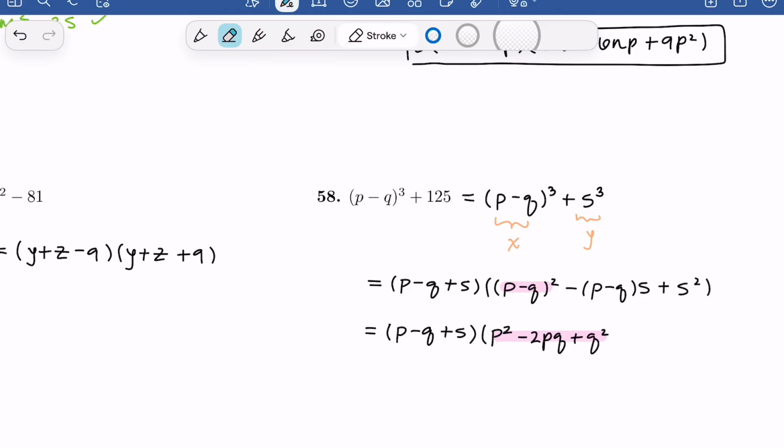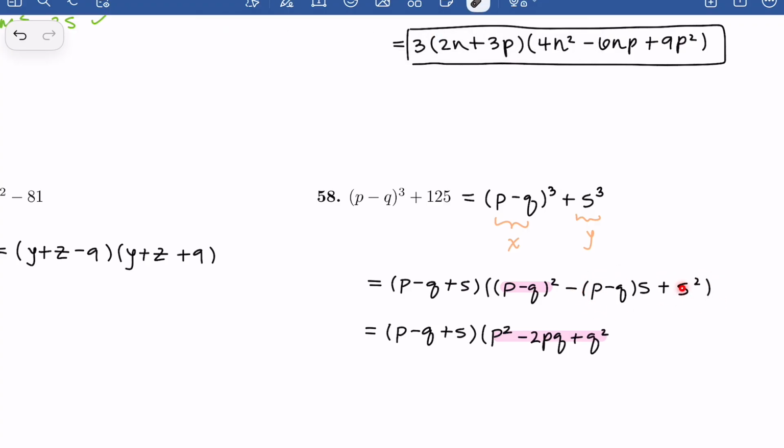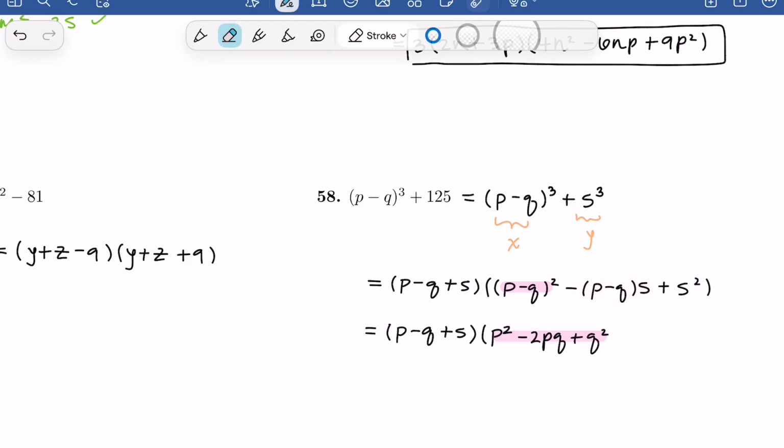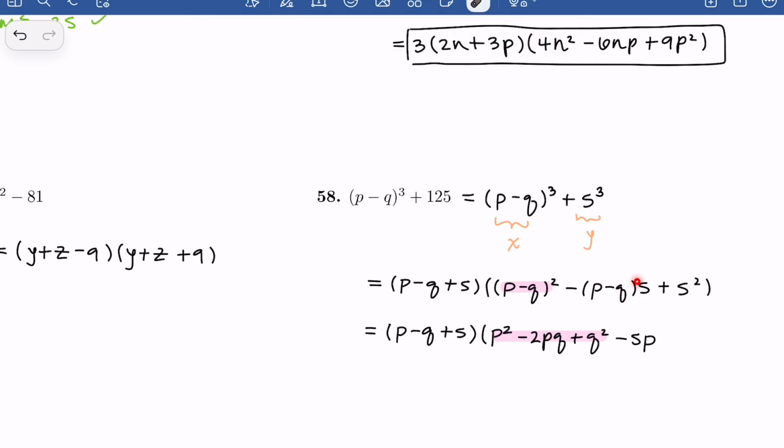Now we also have these terms. Let's go ahead and simplify this. I'm going to distribute this 5 to both of these terms here. This 5 is multiplying both of these. So we're going to have minus 5p. And then we also have this minus q times 5 here, but this negative is also being applied to both of these. That's also why we have this minus p value here.